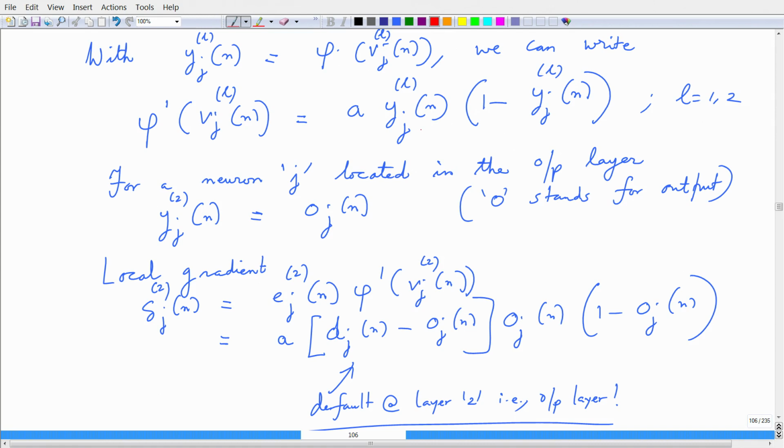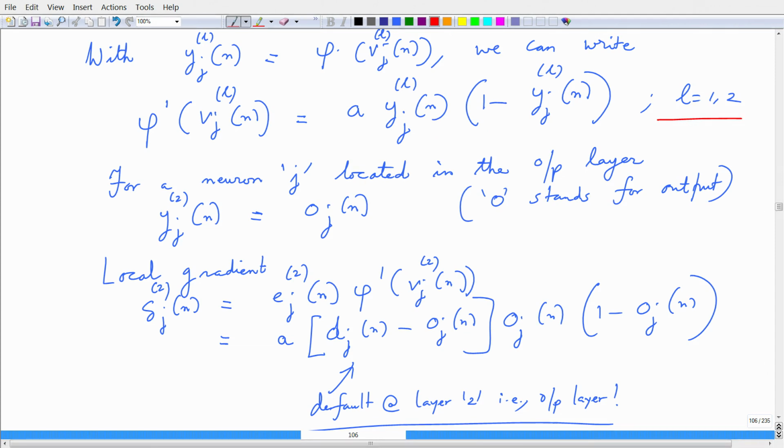So, if you know the function signals at node j for the Lth layer, then you can compute the derivative of the local reception field in terms of just the functional signals Yj(n) in the Lth layer, scaled by this constant a. So, I repeat again, it is a times Yj(n) times 1 minus Yj(n), and this holds for L equals 1, 2. Just observe this equation.